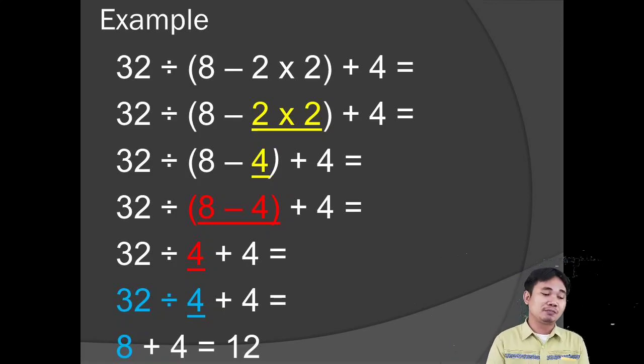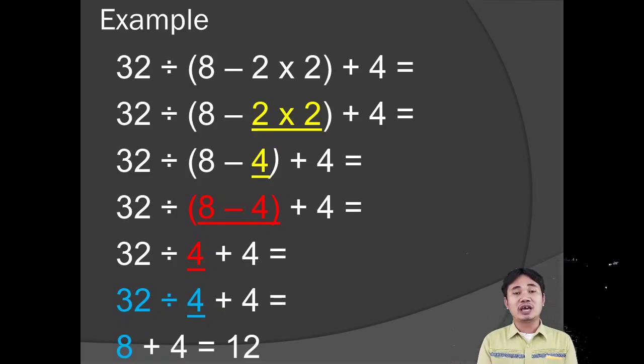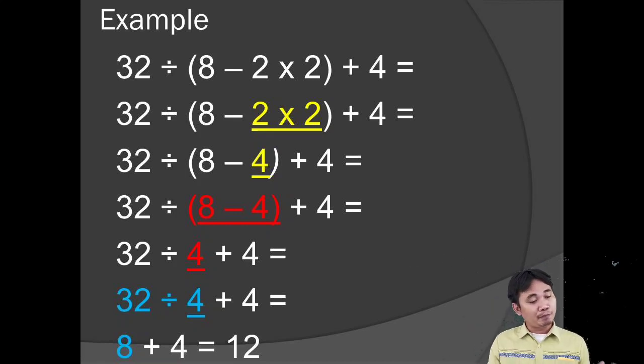So, perform first multiplication, that is 2 times 2, that is equal to 4. And then, perform pa rin kasi nasa loob pa rin ng group. So, 8 minus 4, that is equal to 4. And then, pwede mo na tanggalin yung parentheses. It's because 4 is the answer for the group.